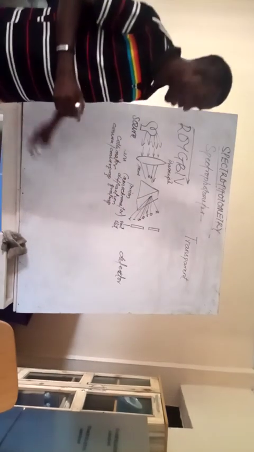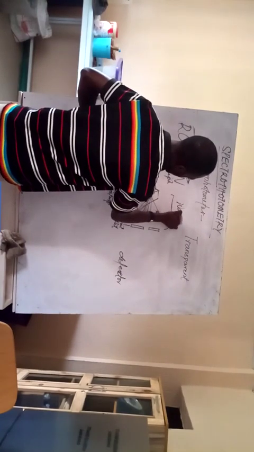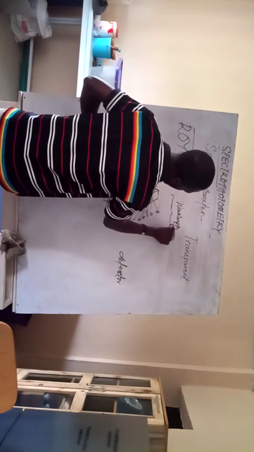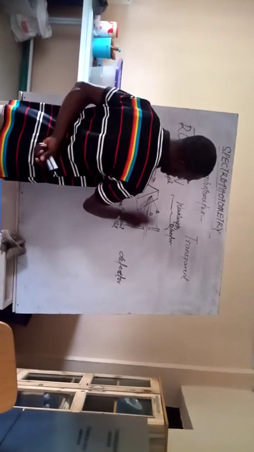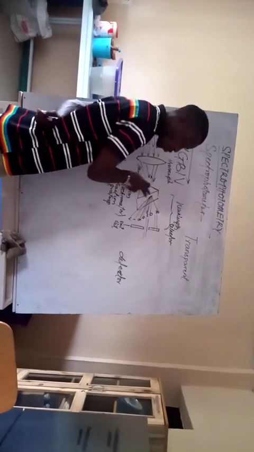Both components act as a wavelength selector. A particular wavelength is allowed to pass through this slit, and every other wavelength is reflected off. By rotation, only a particular wavelength is able to pass through.